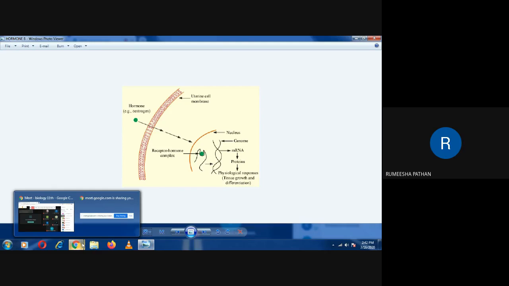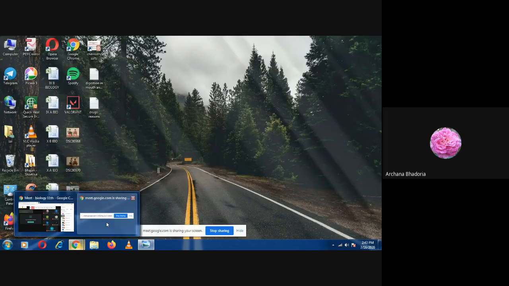And then the complex will do what? What is the complex doing further? It will induce the genome of the cell to transcribe mRNA. It will induce the genome to transcribe mRNA.